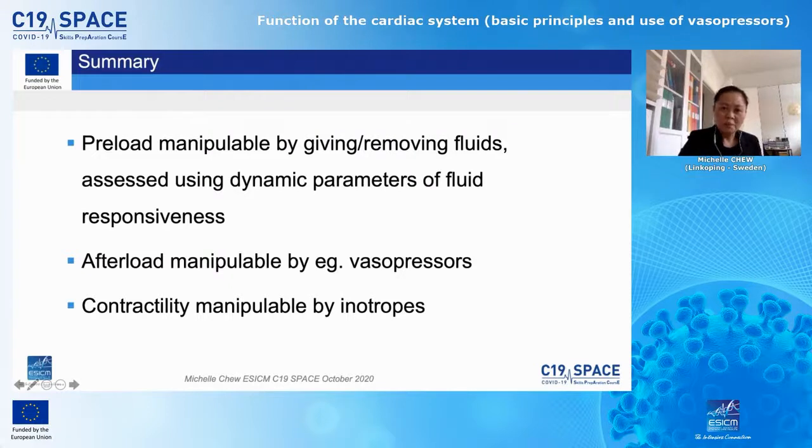Preload is manipulable by giving or removing fluids, and you assess it using a dynamic parameter such as passive leg raising. Afterload is manipulated by giving vasoactive drugs, for example, vasopressors such as noradrenaline, and contractility is manipulable by giving inotropes.